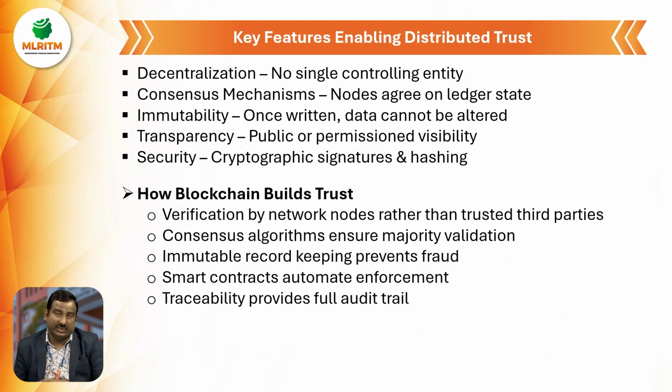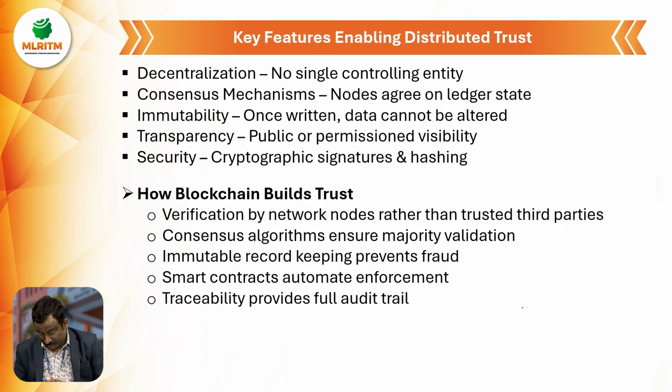Key features of distributed trust on blockchain: decentralization. We already know decentralization means no single controlling entity, no one is the authority. Centralized has an authority; decentralized has none.